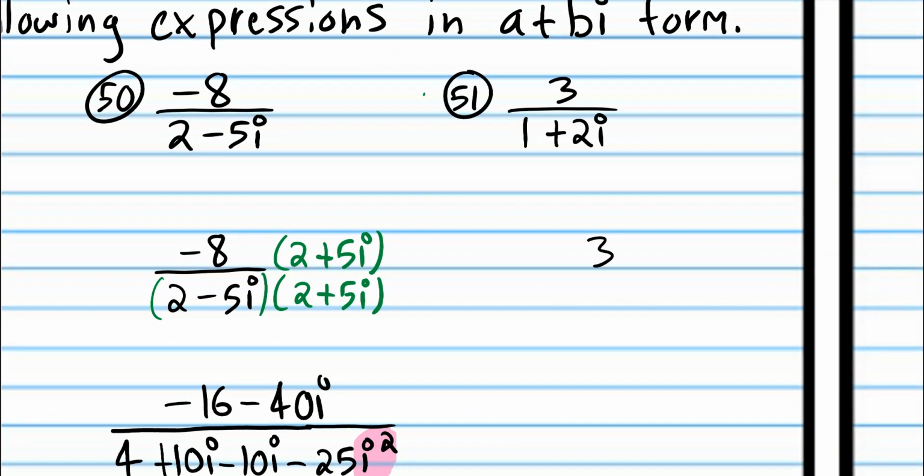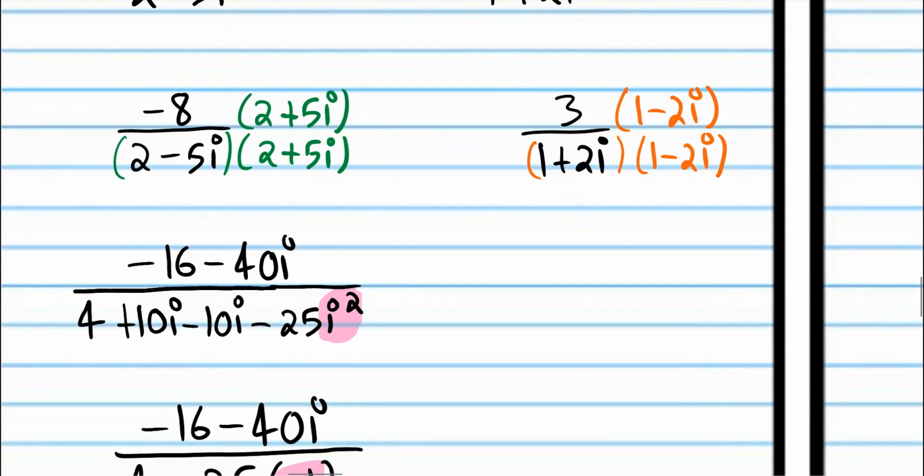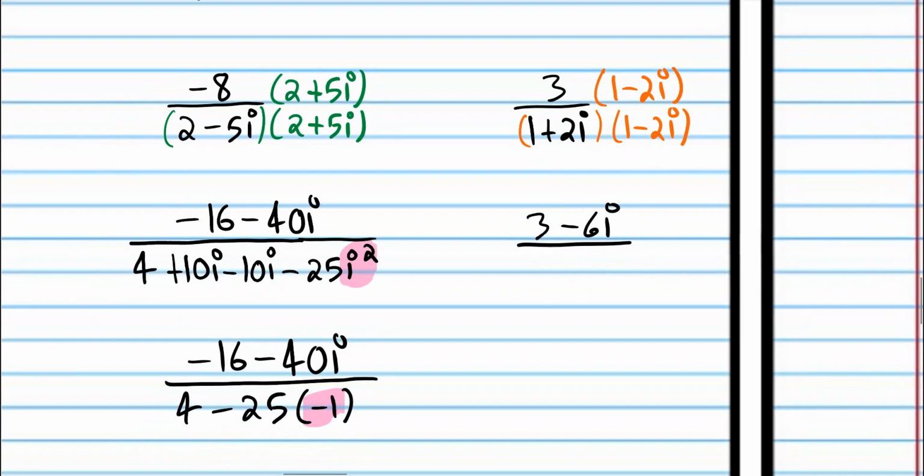All right, we're back. So I'm going to multiply both sides of the fraction by 1 minus 2i. And using distribution in the numerator, I get that. And then using FOIL, 1 times 1 is 1. 1 times negative 2i is negative 2i.